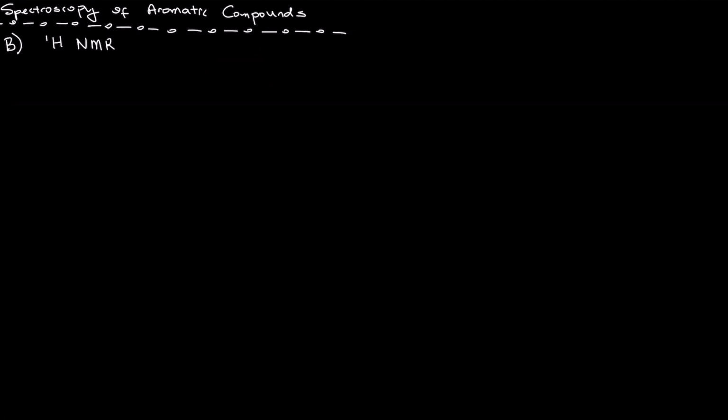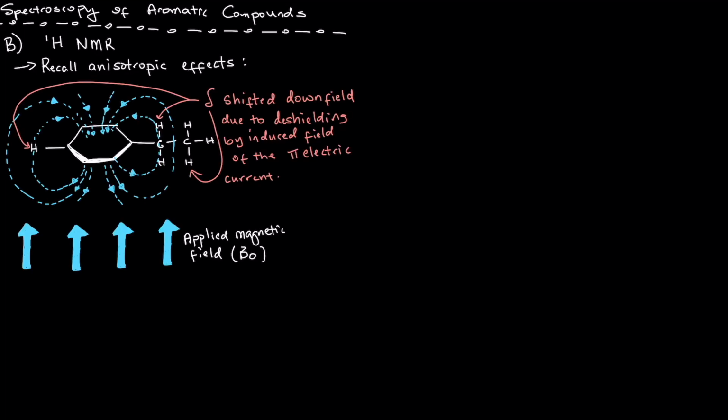Okay, so now let's consider the H1 NMR features of compounds that contain benzene. The unique features of your H1 NMR spectra for compounds containing benzene rings are really all coming from anisotropic effects. And recall that the anisotropic effect is caused by induced magnetic fields caused by pi electrons moving in a current.